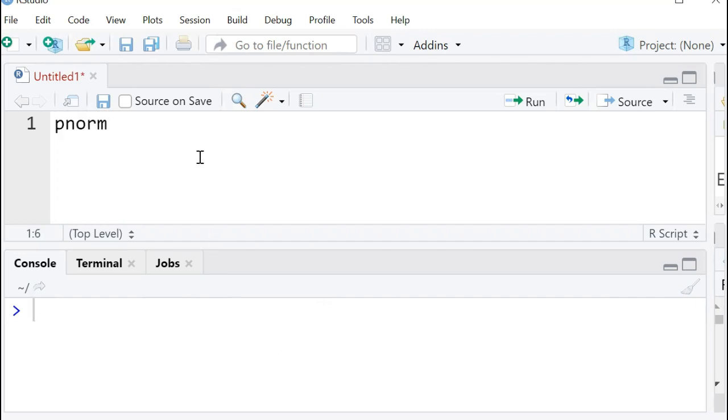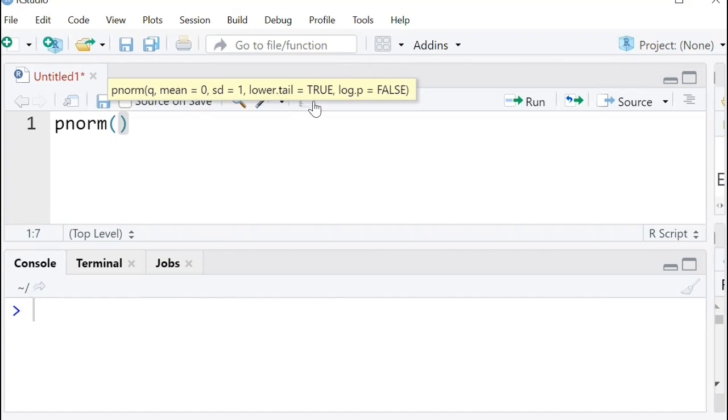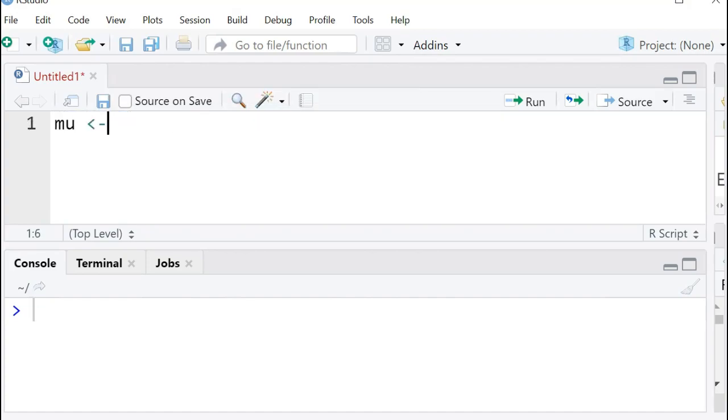It takes a quantile value, the average, the standard deviation, and whether you want the probability in the lower tail or the upper tail. For this example, mu, the average, is 1059, and the standard deviation, which I'm going to represent as SD, is 210.